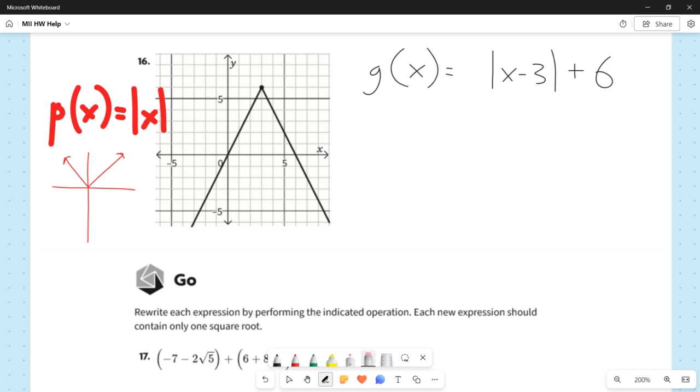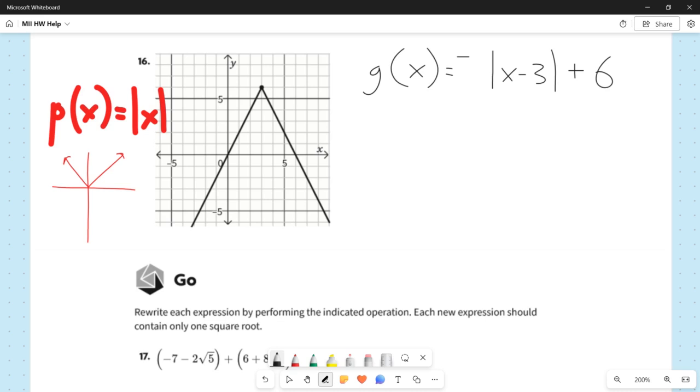First of all, it's kind of obvious, but this thing's been flipped. The parent function is a V going up. This is a V going down. And so to reflect that change, we're going to have a negative on the outside of our absolute value. So you take x minus 3, you get the absolute value, but then your result becomes negative.